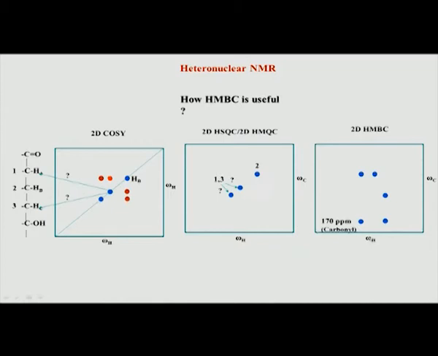So, for this particular region, I am seeing a correlation corresponding to a carbonyl. Remember, where my arrows are pointing, they correspond to the proton and carbon number 2, this proton. Okay.